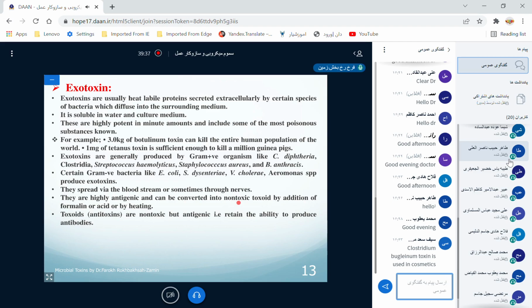So these toxoid antigens induce the immune system, antibodies are produced, and it is not toxic, so it doesn't cause any problem to the body. But if in the future the original bacterium produces toxins, your immune system is ready to suppress it.